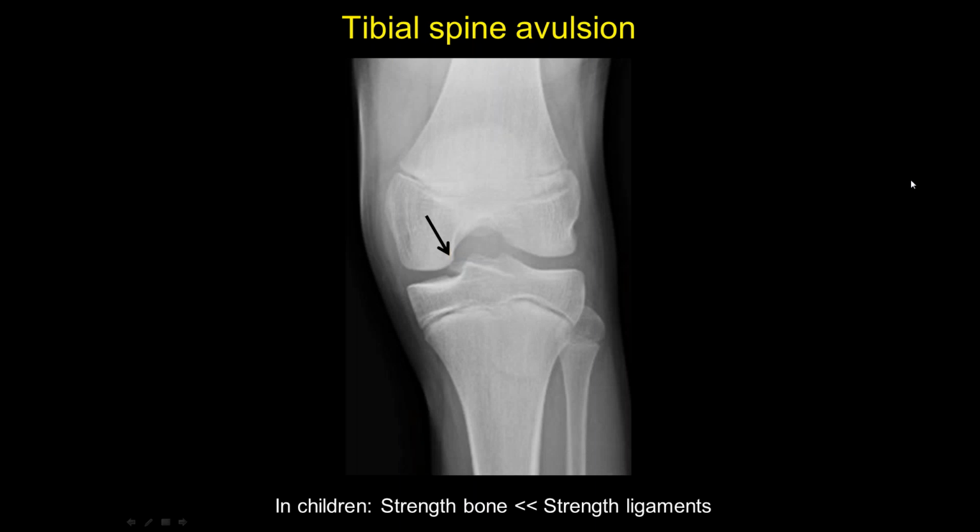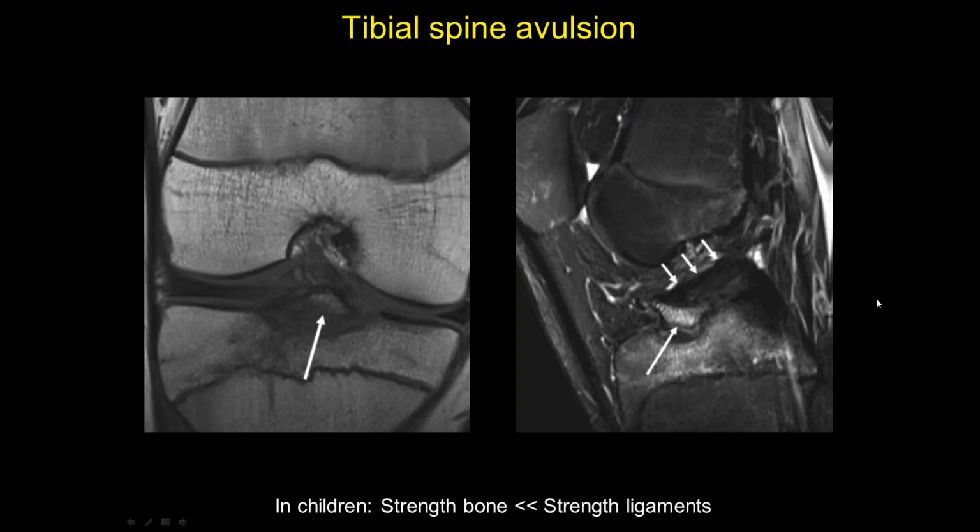We're still dealing with types of acute traumatic lesions, and we have to keep in mind that children are not the same as adults. In children, the ligaments are so much stronger than the bone, which is still maturing. And one of the typical things that we can see then is a tibial spine avulsion. Here you can see a small piece of bone at the side of the tibial spine, and on MRI it looks like this.